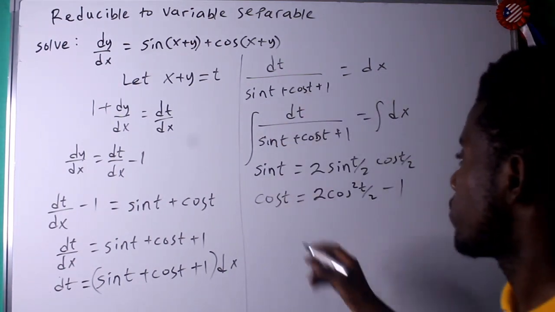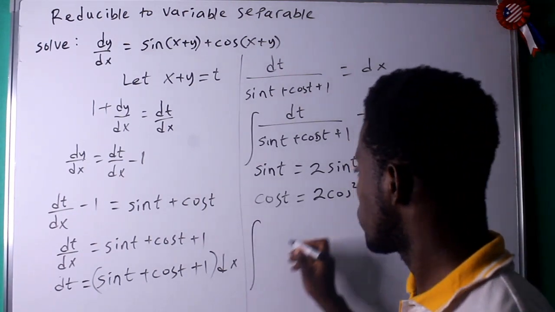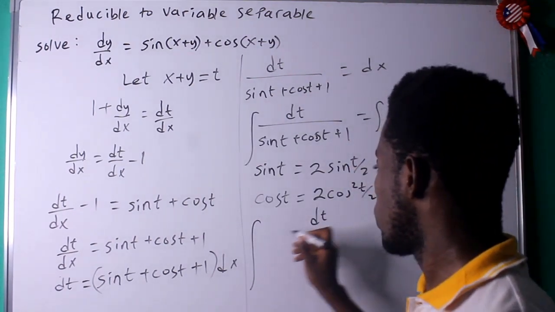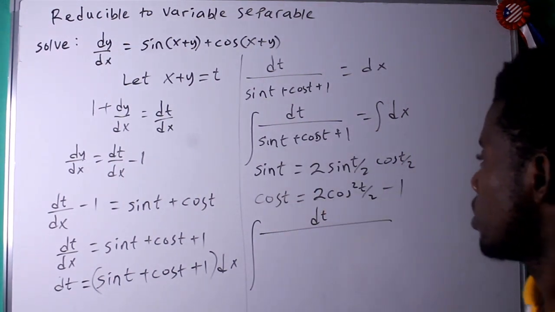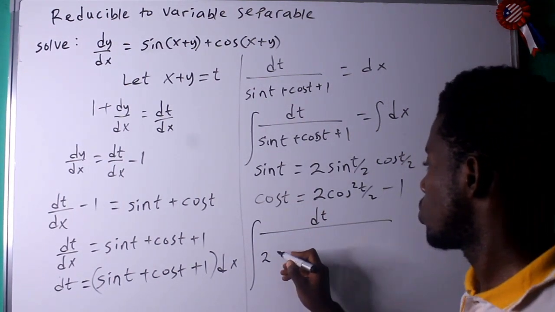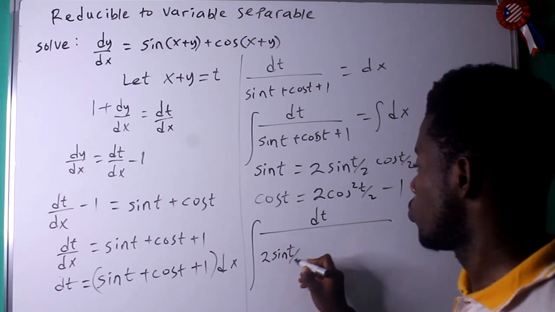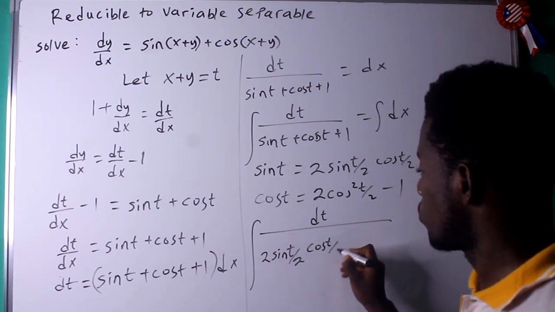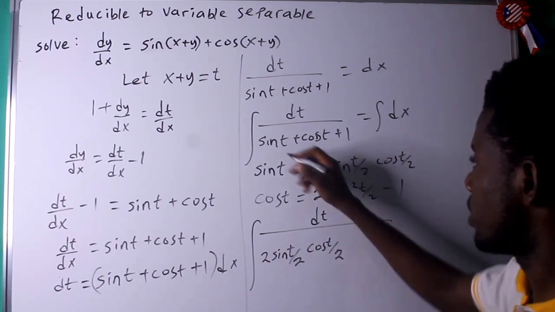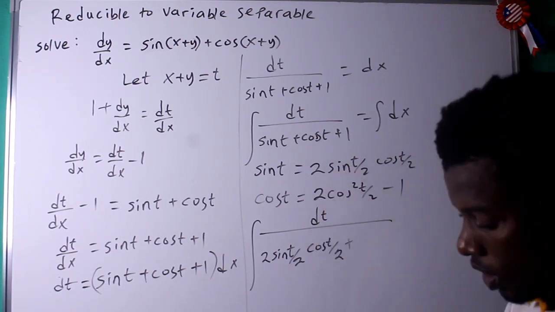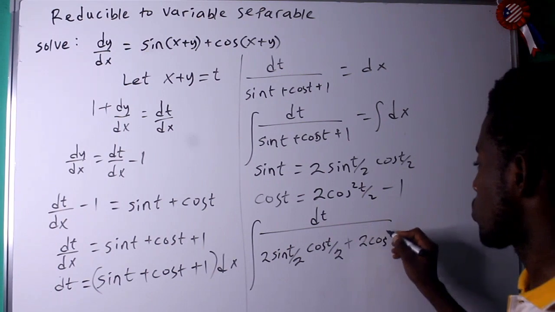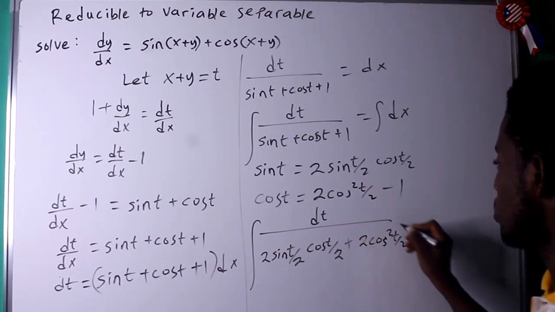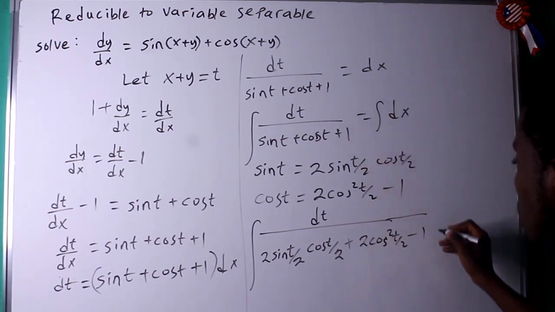So let's see what we have. We have the integral of dt over, so the value of sin t is 2 sin t over 2 cos t over 2, plus cos t is 2 cos squared t over 2 minus 1. And then we have a plus 1 right here.